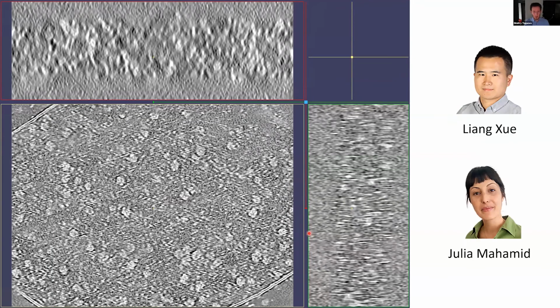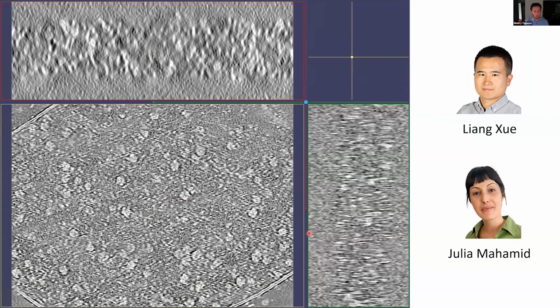Now about in situ. So far I've only shown you results for in vitro samples, but I promised in situ. So here it comes. Last summer I was approached by my former colleague, Julia Mahamid, and she was setting up her own lab, and she was looking for a new, robust, high-resolution pipeline for tilt series analysis.